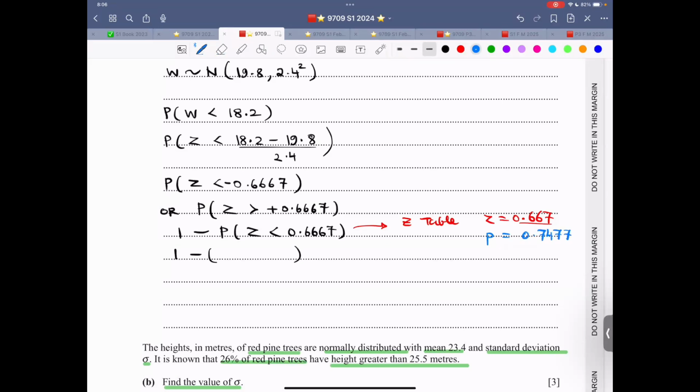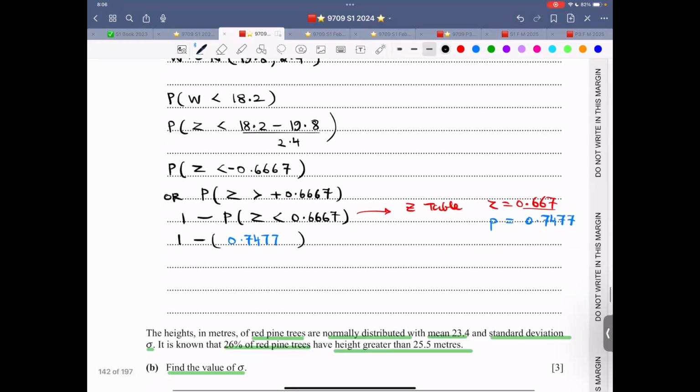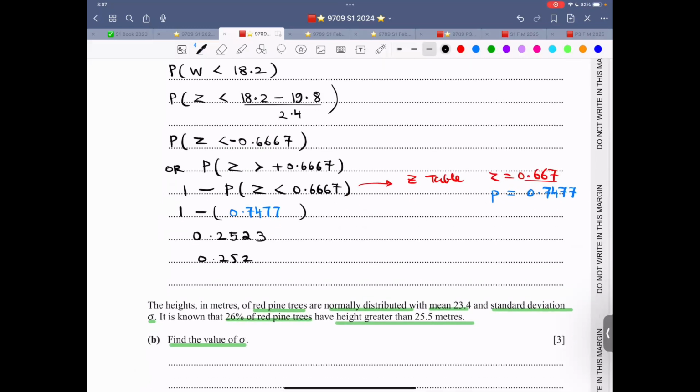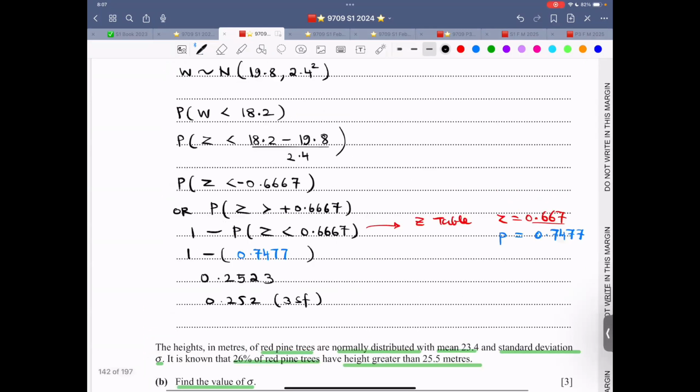Do the subtraction, and this comes out to be 0.2523, and round it off, 0.252, correct to 3 significant figures. Got the idea? So that is the kind of working.